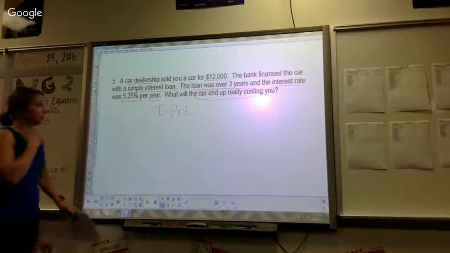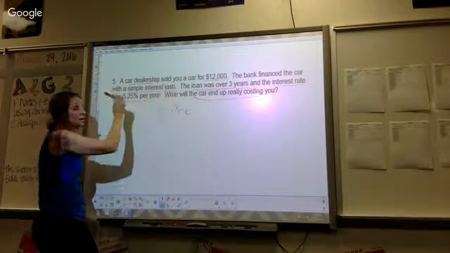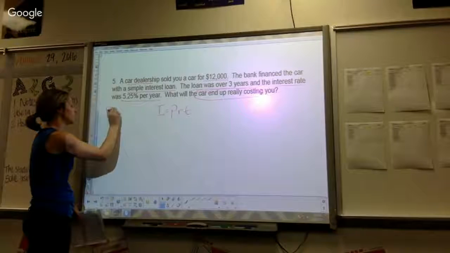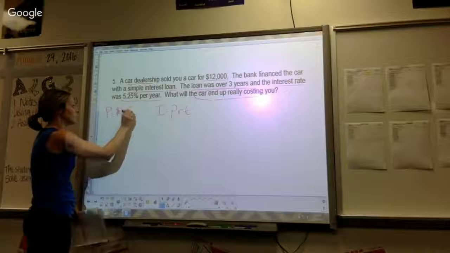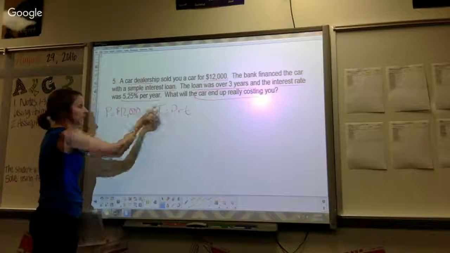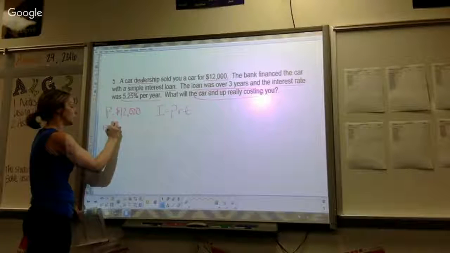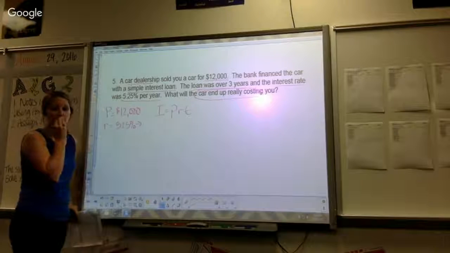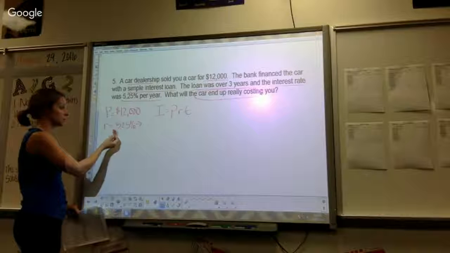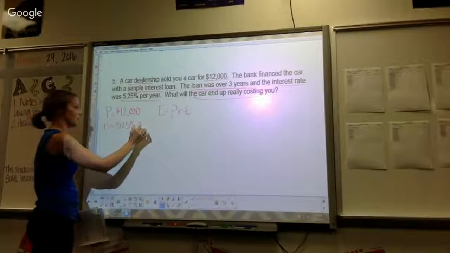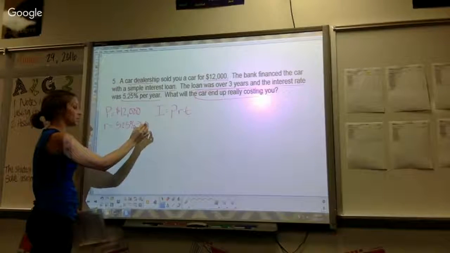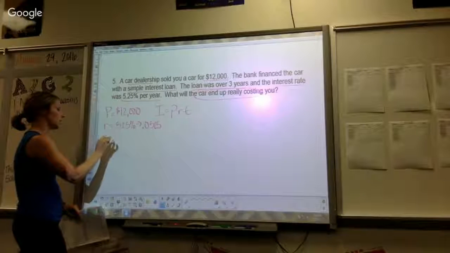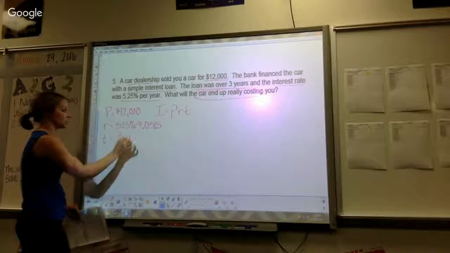So notice that we're given the original price, so $12,000, so that's our P. We're given the interest rate, which is R. It's 5.25%. We need to change that to a decimal. So either move the decimal 2 places to the left or divide it by 100, and that would be 0.0525. And then time is 3 years.